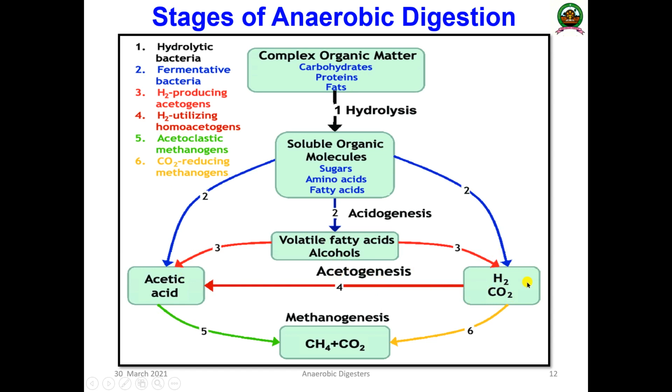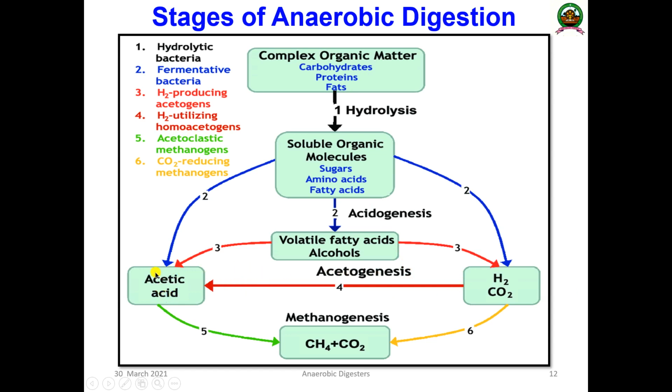Genesis means synthesis. The hydrogen and carbon dioxide will produce acetic acid by the activity of hydrogen utilizing homoacetogenic bacteria, that is known as step number 4.